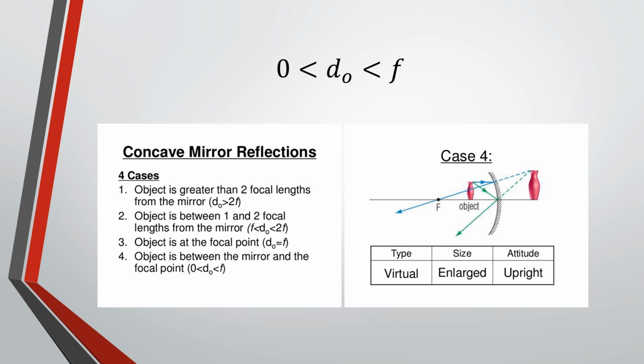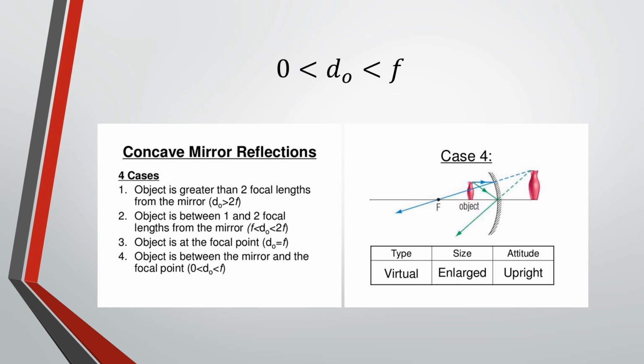Now you notice that the parallel ray comes off the top of the vase, it goes to the focal point. But whenever you look for the image, because the 2 rays, whenever they leave the mirror, they're going off in different directions, they're diverging. So what you have to do is backtrace them. When you backtrace them, you just draw a dotted line going back the opposite direction of where it took off to.